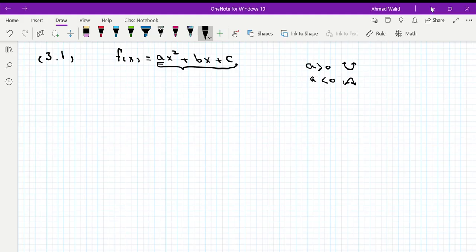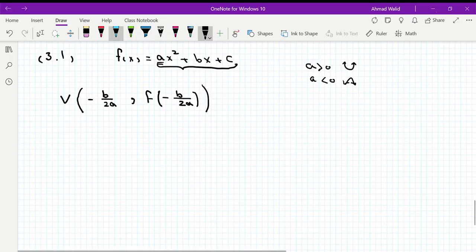If a function is given in this form, to find the vertex, I'll give you just the formula here. To find the vertex, you can use negative b over 2a for your h and f of negative b over 2a for your k. Let me put h and k here. This is your h, this is your k.